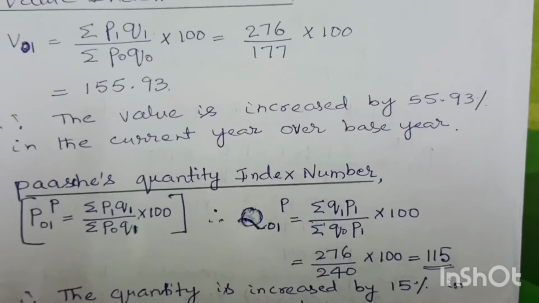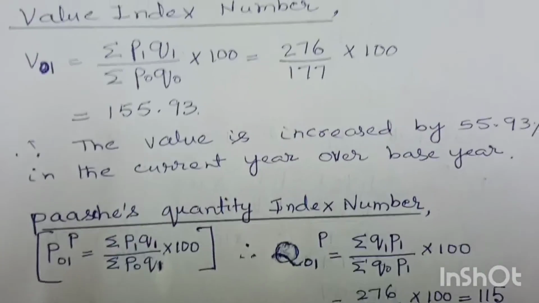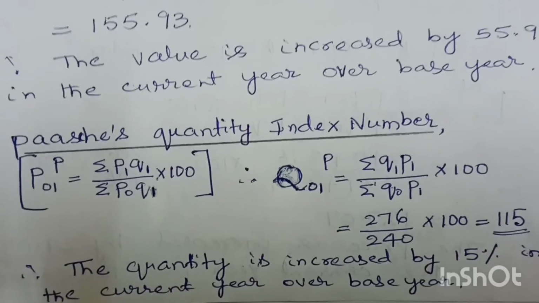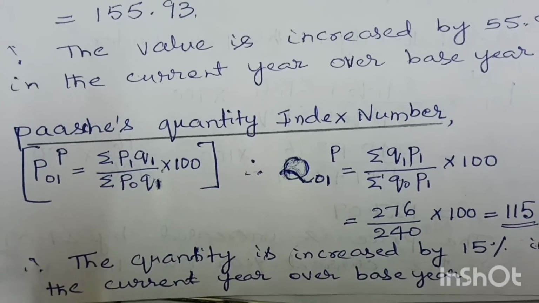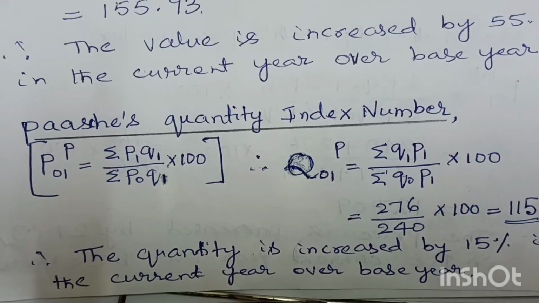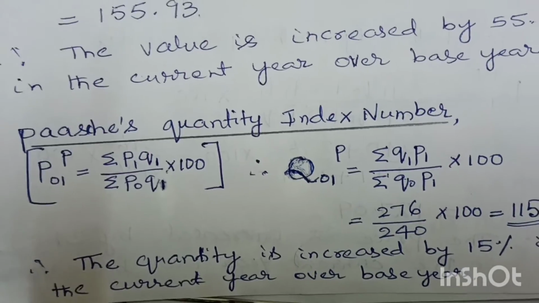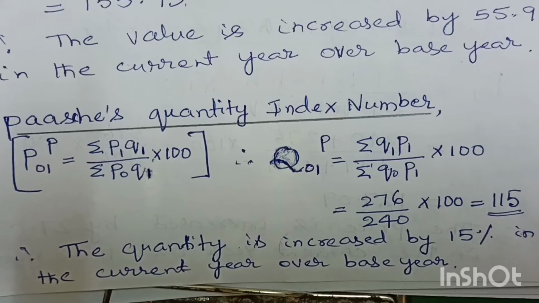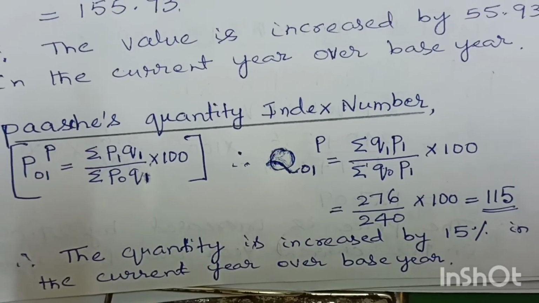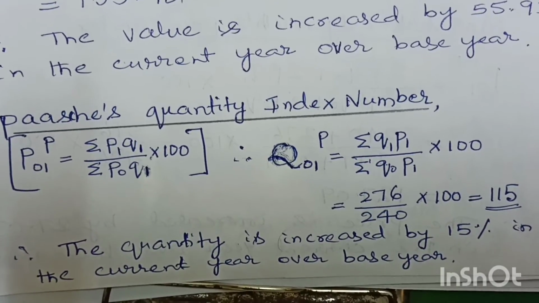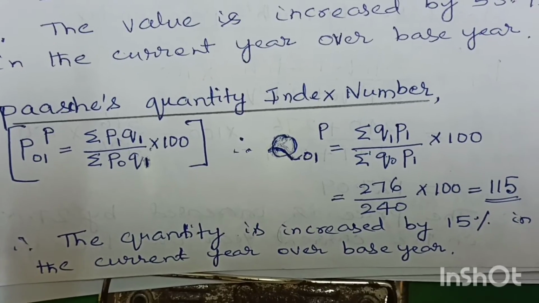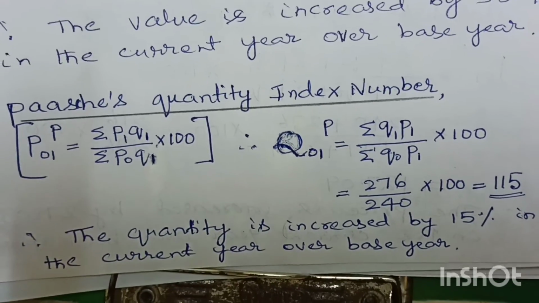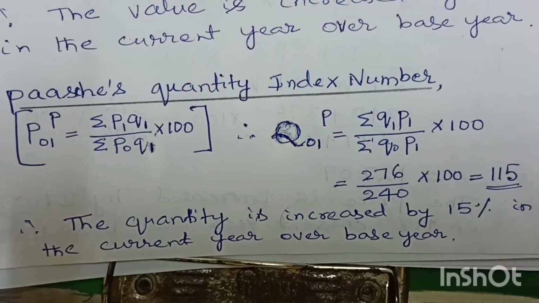Write down Paasche's price index P01P is equal to summation P1Q1 divided by summation P0Q1 into 100. Just convert it to quantities: wherever there is small p, replace it by small q, and wherever there is small q, replace it by small p.